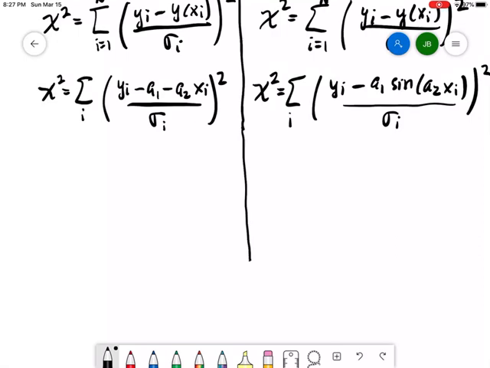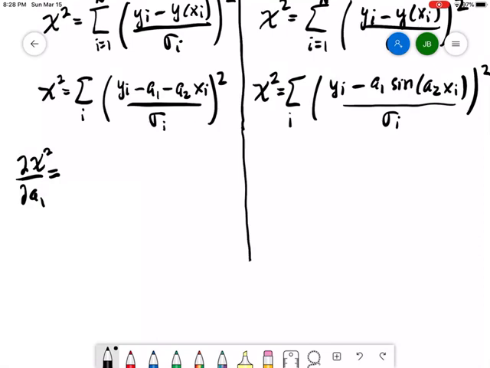Okay, so the types of things we had to do is we had to minimize chi-squared by taking its derivative with respect to, say, a1 and setting that equal to 0. And then we would do the same thing for a2, but let's start with a1.